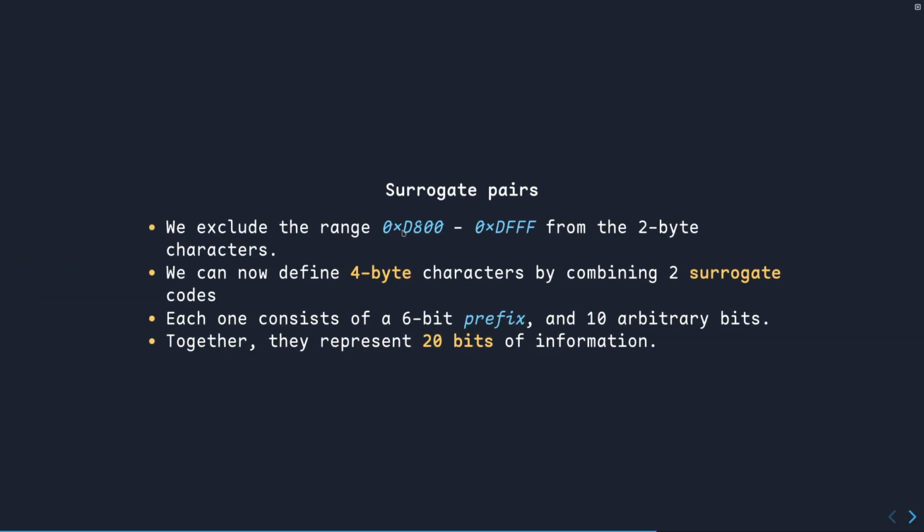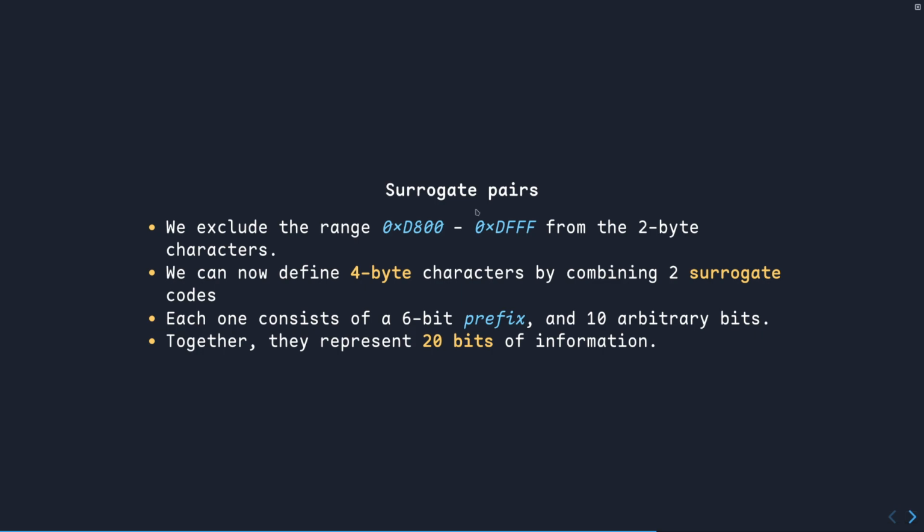So what we do is we take a range in our 16-bit numbers and exclude it from being used by 2-byte characters. In this specific case, we take the range D800 to DFFF and remove it from our character range. So our characters won't be using this specific range.